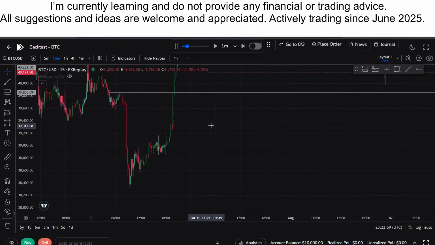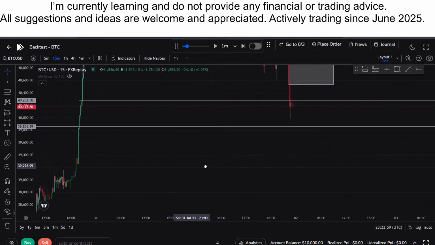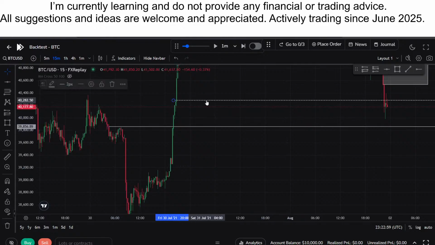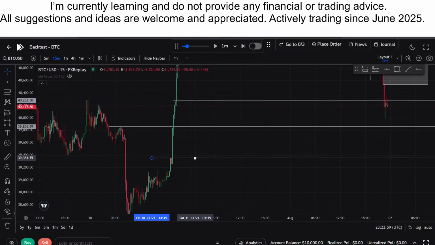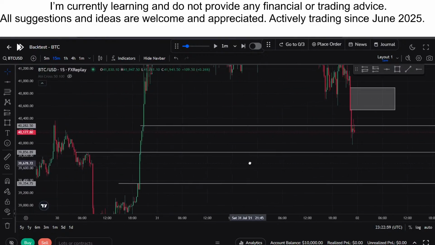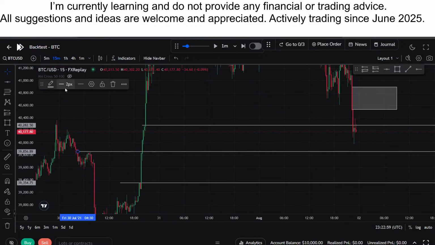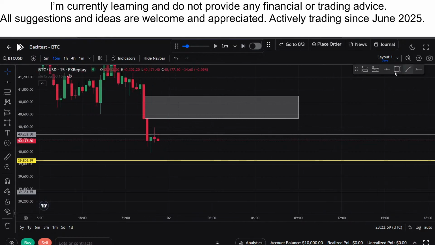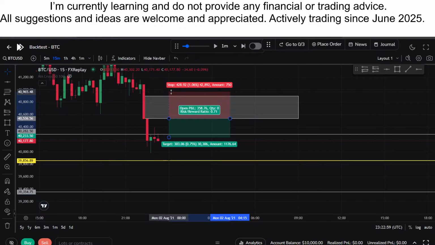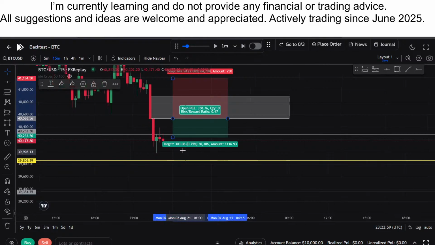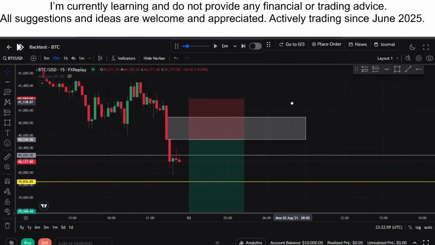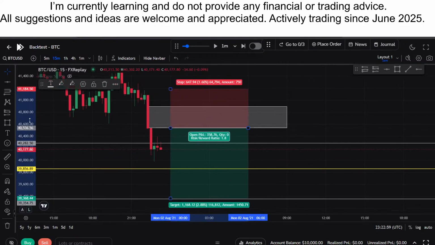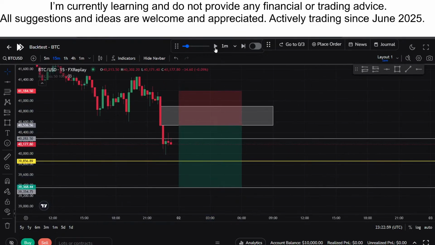And where should I be targeting? Maybe here. I'll copy and paste this and put this fair value gap here. Okay, this is the key area. From here I think I should be taking a short position. And yeah, here we can have a good trade.